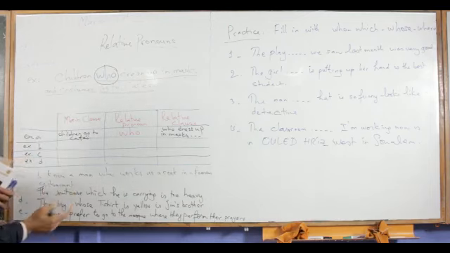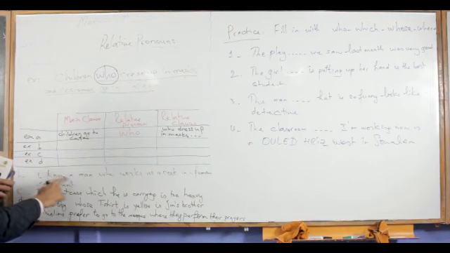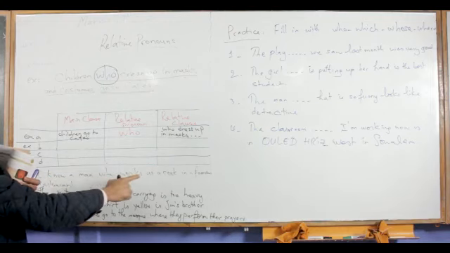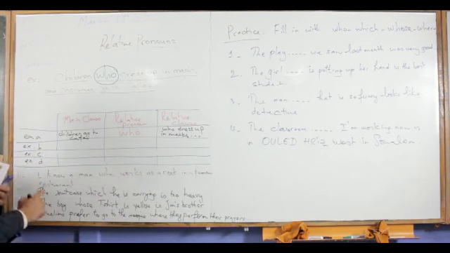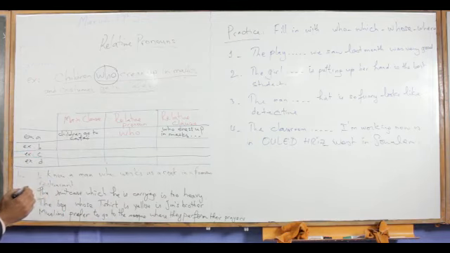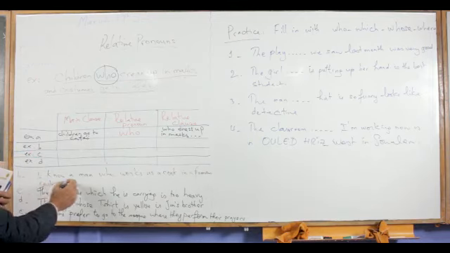Now, let's see another example. B. I know a man who works as a cook in a famous restaurant. Again, here we have two clauses. The main clause is this: I know a man.